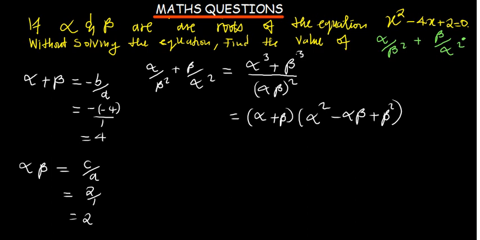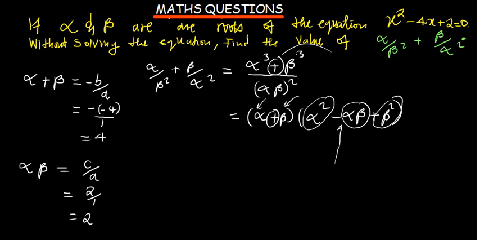So this is what happens when you factorize alpha cubed plus beta cubed. If there is a plus here, just know that there is going to be a plus here. These two will not have any power, but the first one here is supposed to have a power, and the last one is supposed to have a power. Here just multiply the alpha and the beta. Just know you need to put a minus if there is a plus here. We are good?